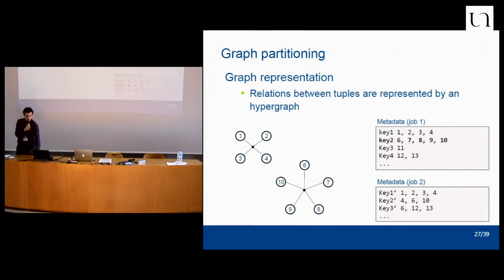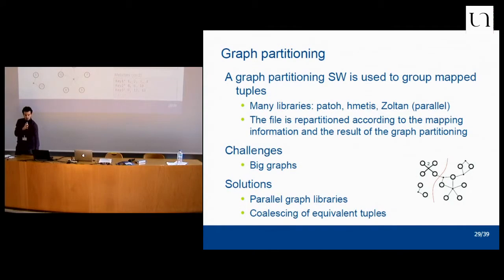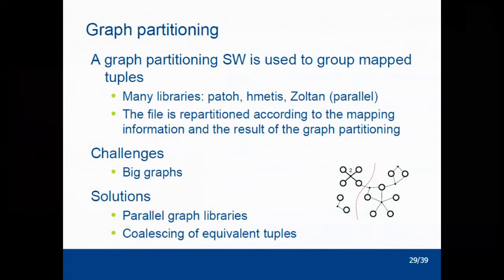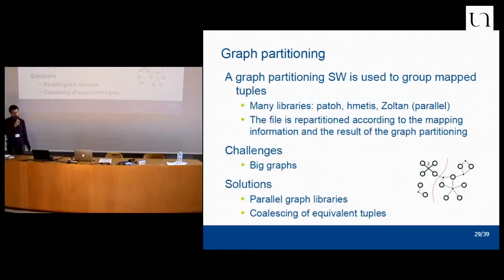So this will add an edge that connects the four tuples. We can generate the graph incrementally, and then when we have all the information, we represent it as a workload. From this graph, we can apply a graph partitioning algorithm. We can use some of the libraries that exist. And then with the result of this repartitioning, we can reorganize the tuples of the input of our MapReduce jobs and repartition the data.